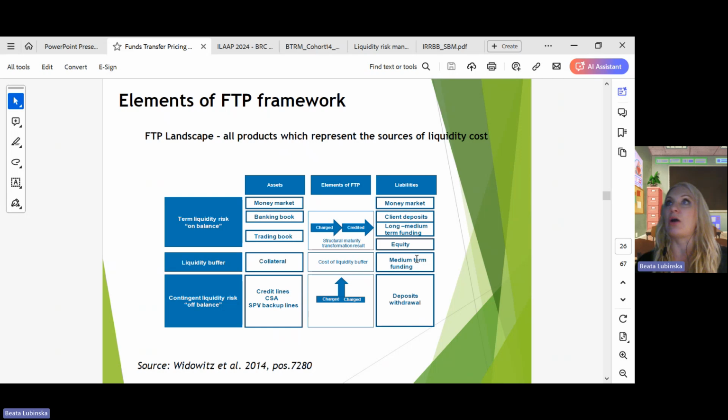And there are also other products like revolving loans. We have some particular methodology, which is described in the FTP practice guide or written in the FTP policy, on how we price those products.